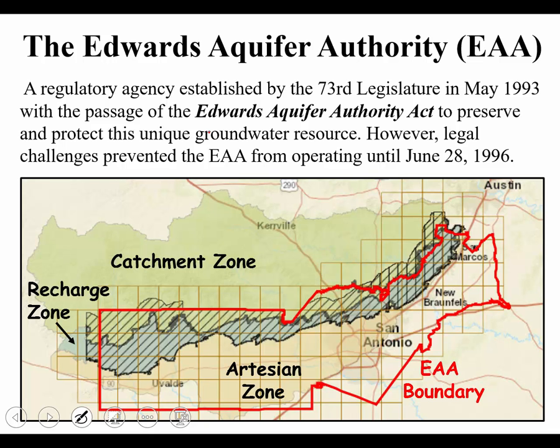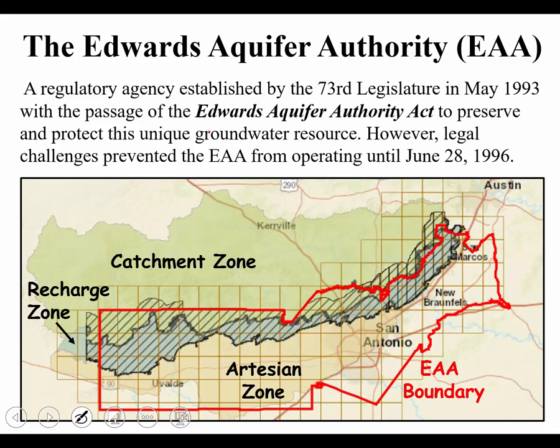Here, though, it's not as easy as in Houston, because Houston sits in that area where we get 40 plus inches of rain, 45 plus inches of rain a year. So we just tap into the San Jacinto River or tap into the Trinity River. Here, there's really not much to tap into. And so it's much harder for San Antonio to switch to surface water than it was for Houston.